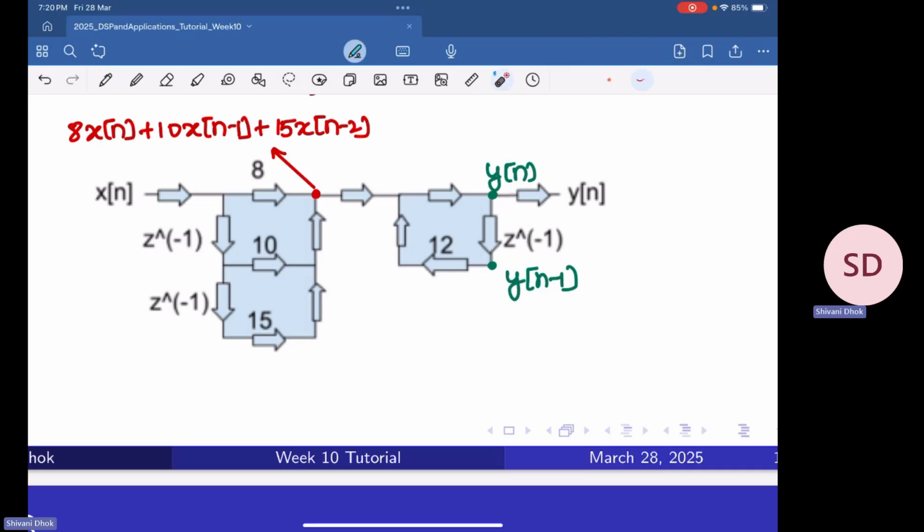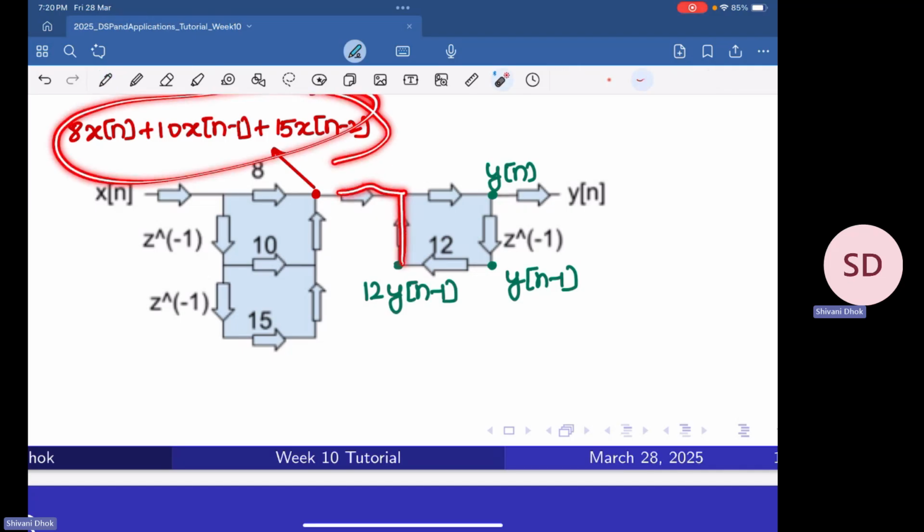Okay, now this y of n minus 1 goes along this direction and gets multiplied by 12. So here you have 12 times y of n minus 1. And now this 12 times y of n minus 1 goes here and gets added with this term here.